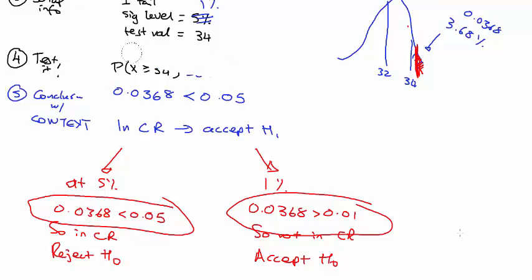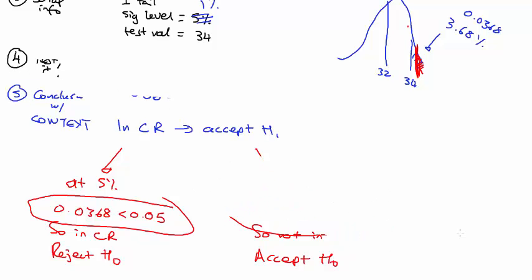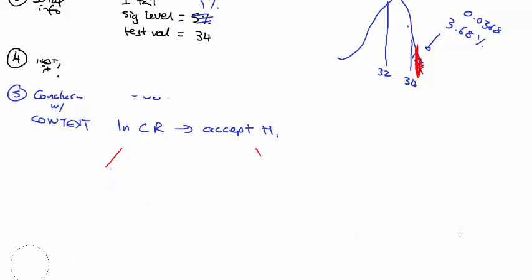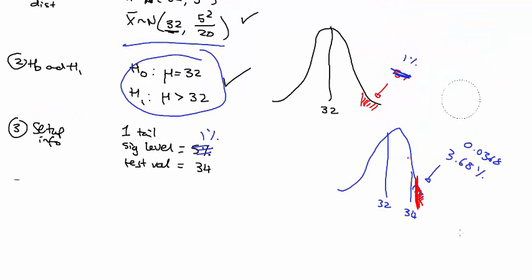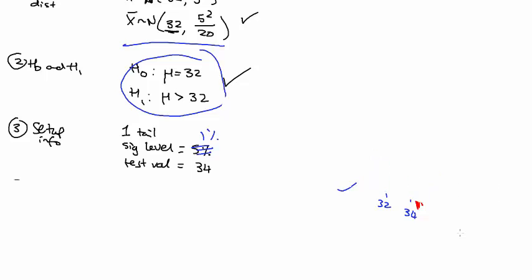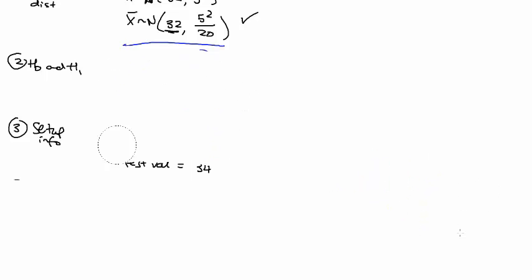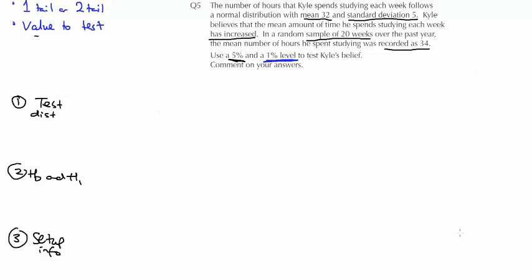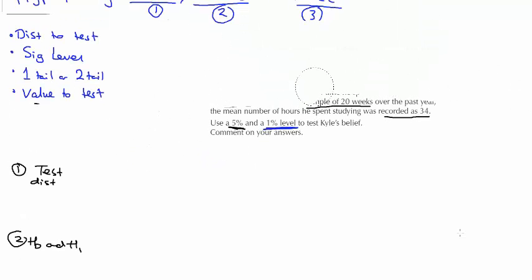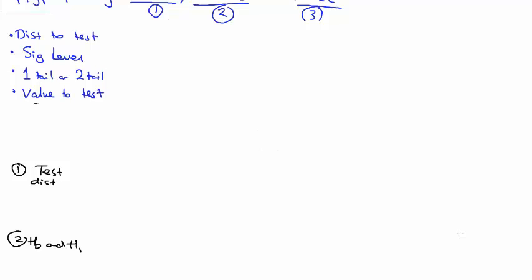Okay, fancy a two-tail? Let's do some two-tail stuff. It's virtually the same. Oh, it's so similar. Okay, so let's have a look at a two-tail, and I can explain to you what is actually going on with it.